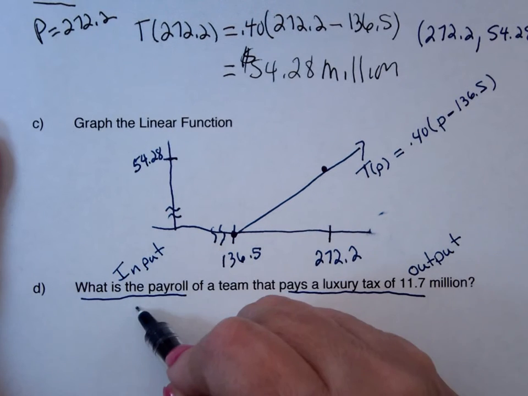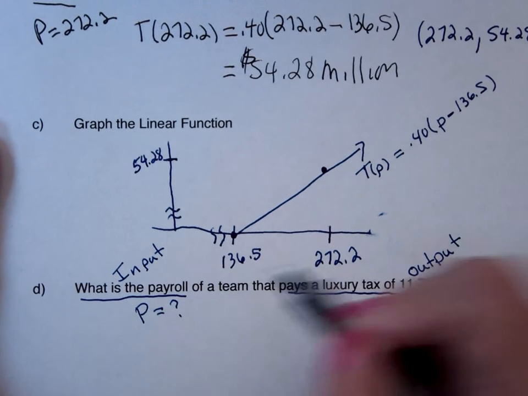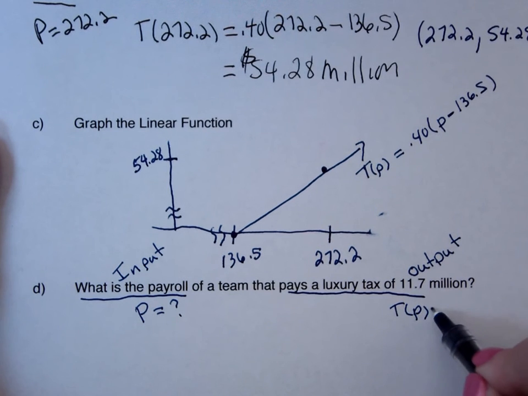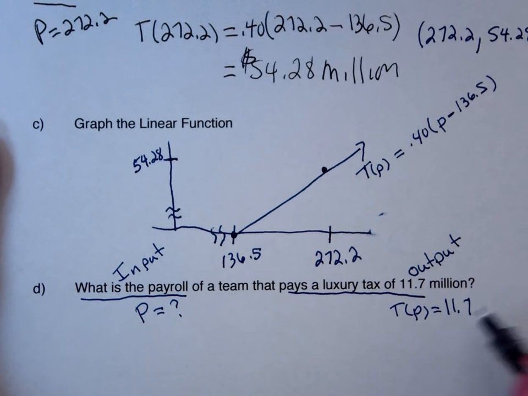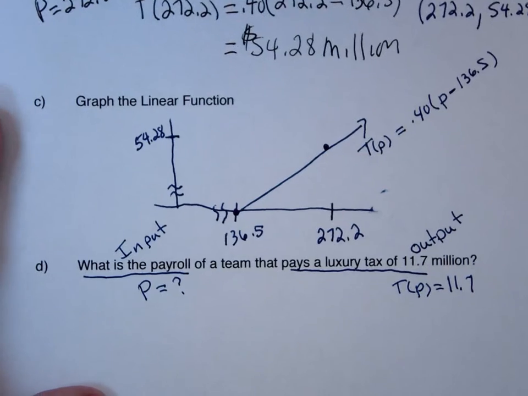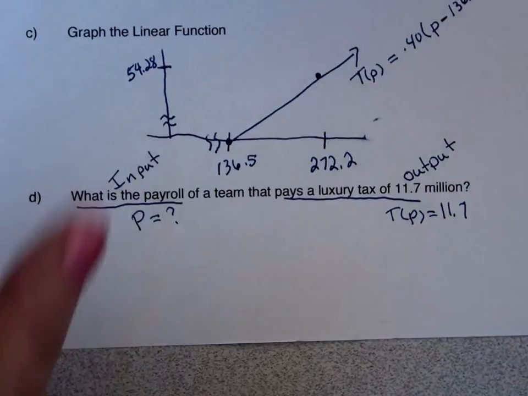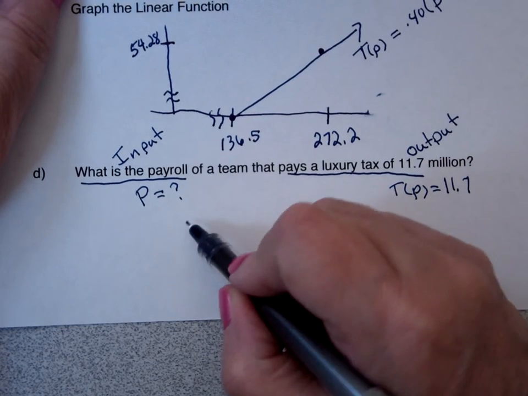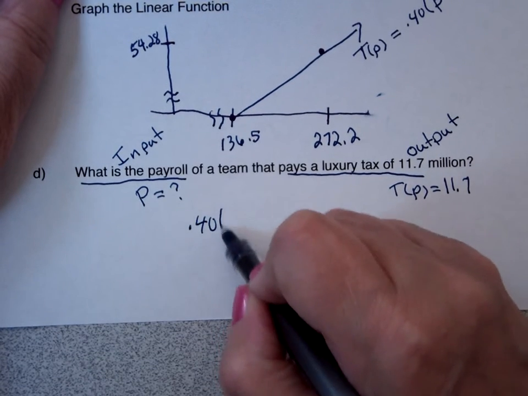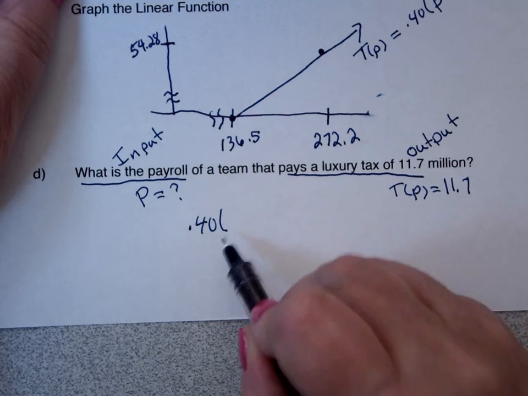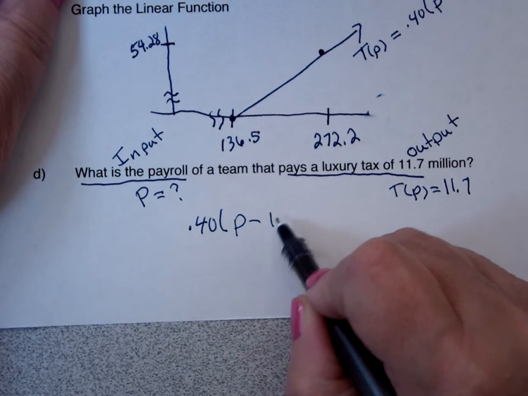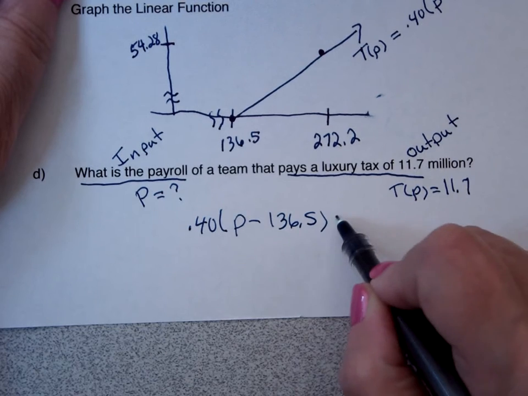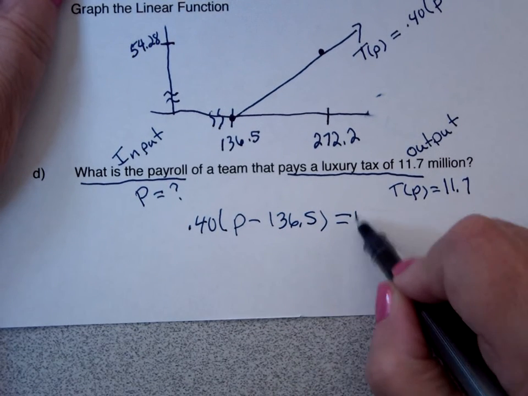And the case is P equals question mark, and T of P equals 11.7. So in this case, I put in Y and get out X. So this says that 0.40 times P minus 136.5 equals 11.7.